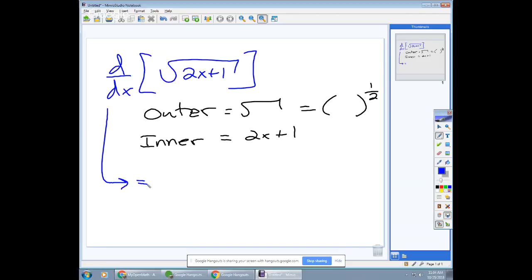So a couple of options here. If you treat it as the square root and you remember what the derivative of the square root of x looks like, you could just go that way.